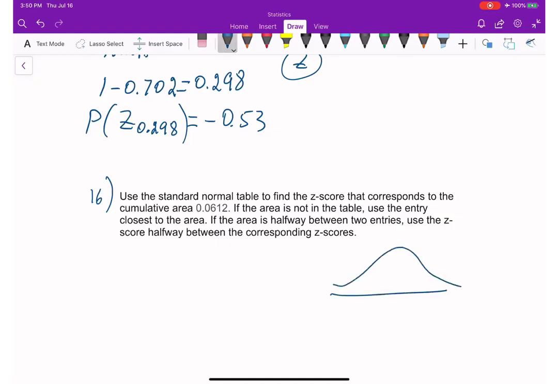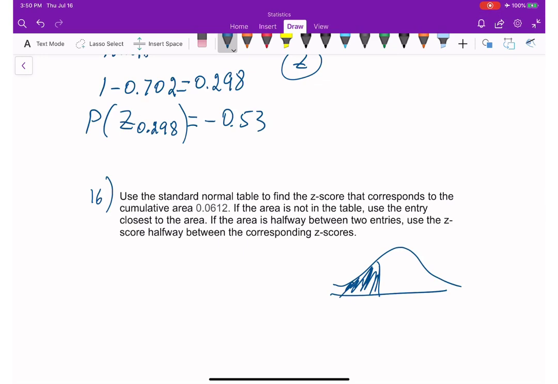This is the area to the left. It doesn't say to the right, which means we assume to the left. It says if the area is not in the table, then use the closest one. I already mentioned it: if the area is halfway between, then you take the halfway point between the corresponding z-scores.